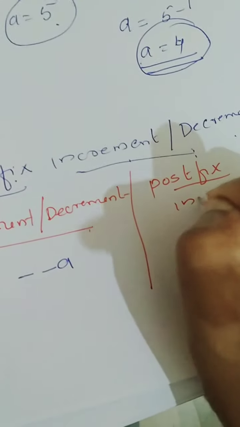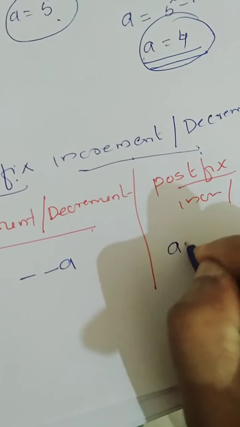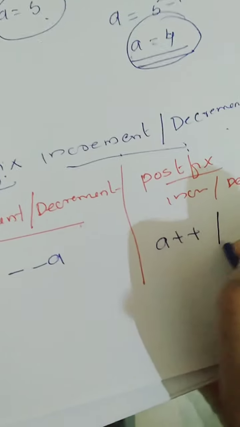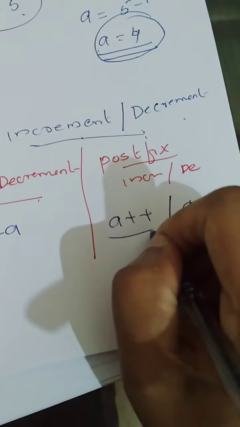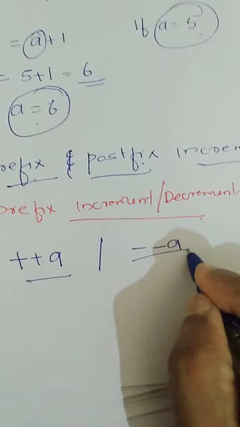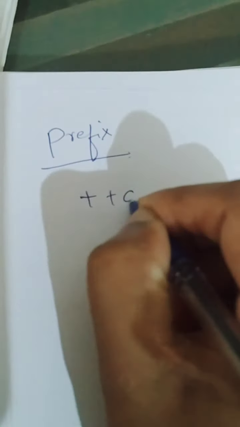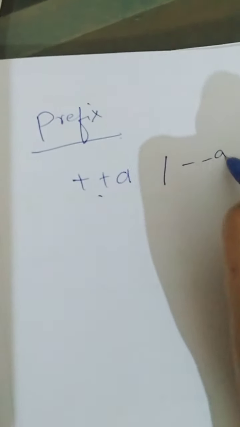Postfix increment or decrement means a plus plus or a minus minus. Now we'll see what this prefix is. Prefix increment means plus plus a, prefix decrement means minus minus a.